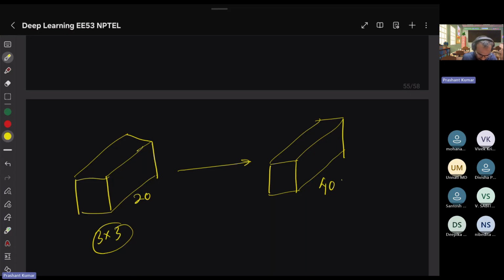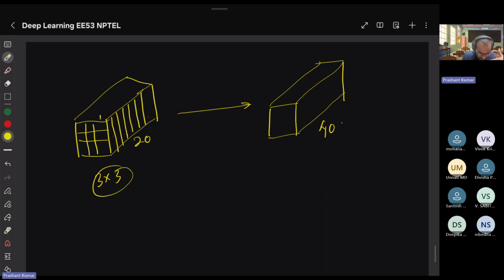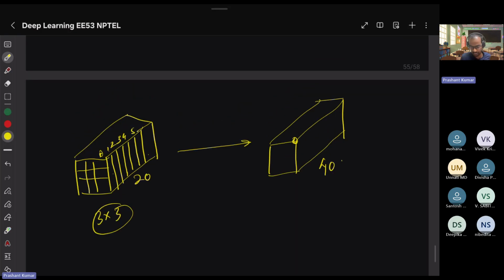Let's say I have the first layer, the second layer, the third layer, the fourth layer. Along with this 3 by 3 convolution, I will take the averaging of the first element, second element, third element, fourth element, fifth element, sixth element. So I will take the 3 by 3 of the zeroth element and the first element, and then I will average it and call it its first element.